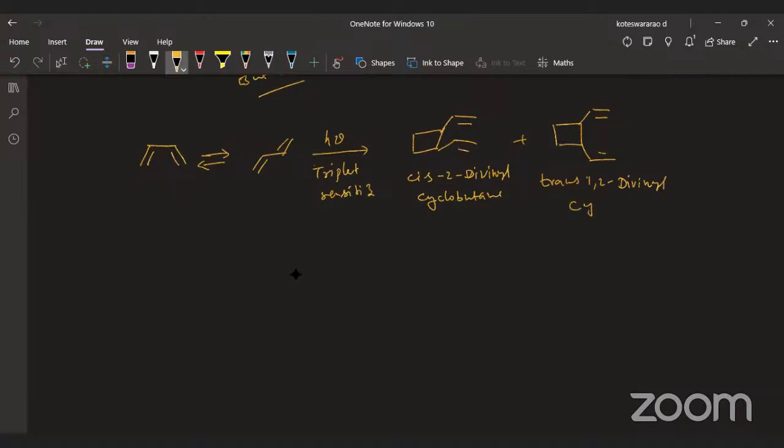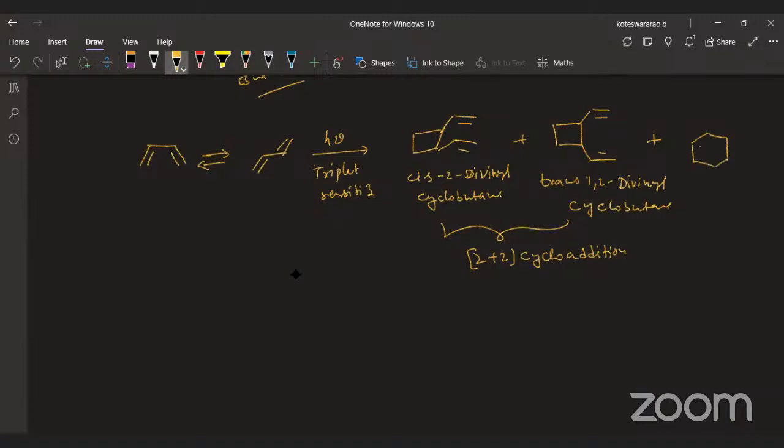Both are isomers, geometrical isomers. These two products are due to the 2+2 cycloadditions. Then the last product.